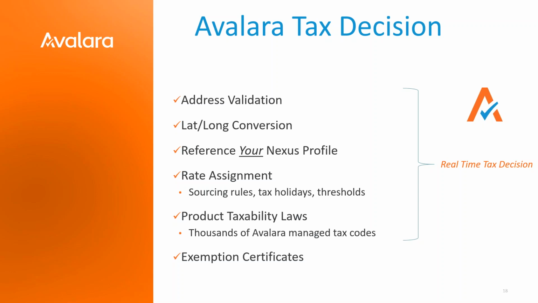Then finally, exemption certificates. I won't spend too much time on this in this presentation, but just be aware that we have an extension of our software that can manage all of your exemption certificates. So if you're a company that sells to a lot of resellers or a lot of organizations or institutions that are sales tax exempt, and maybe you have a couple hundred or a couple thousand certificates on file at any time, well, the issue with managing that many certificates manually is that many of those certificates are going to expire within probably the next 60 or 90 days, and you're probably not even aware of it, right?